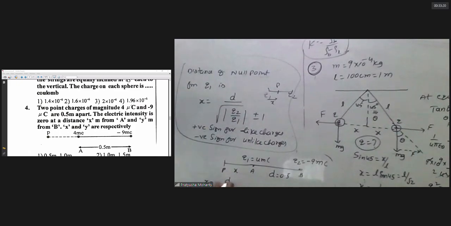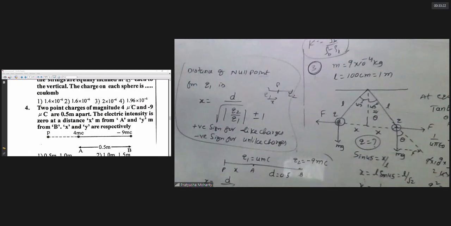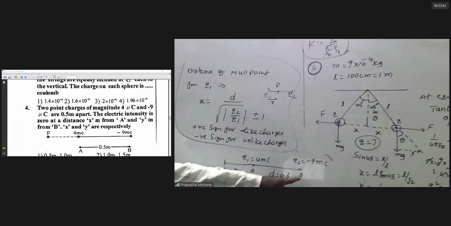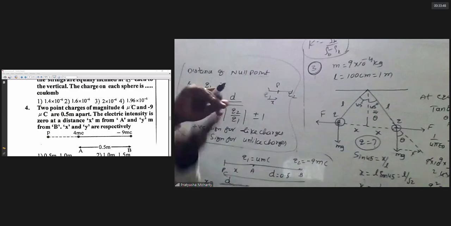Unlike charges, so x equals AB upon root of modulus Q2 by Q1 minus 1. Minus or plus? Minus only. Don't confuse, because the distance from the other charge is AB plus x. Taking the positive sign on the other side, we get negative.